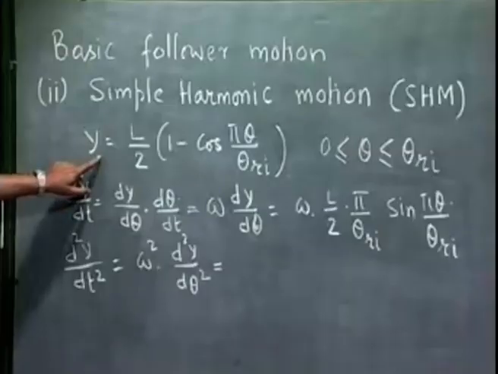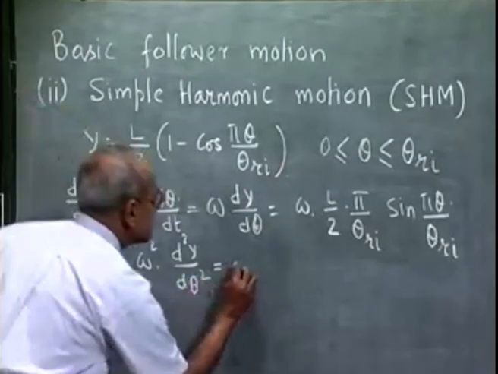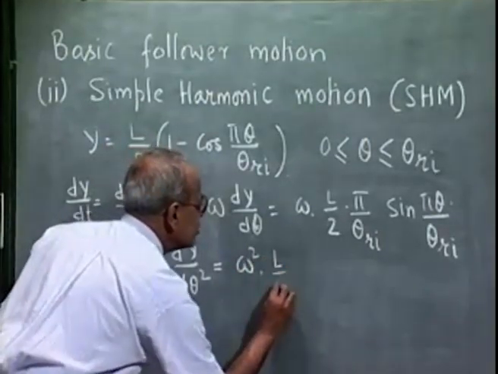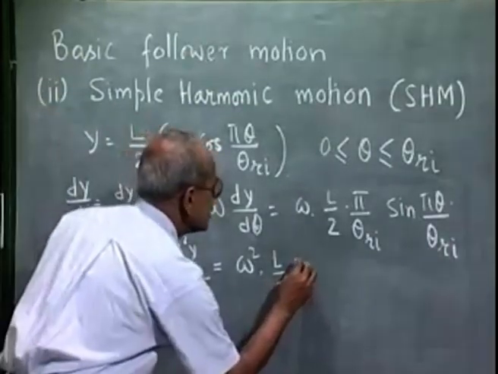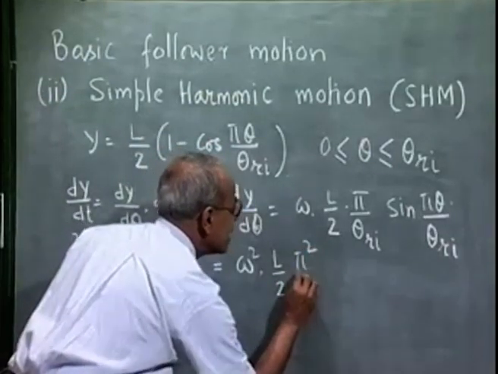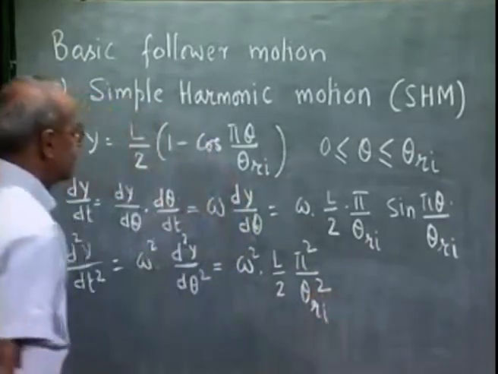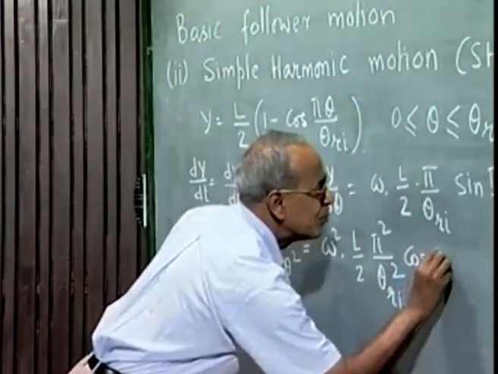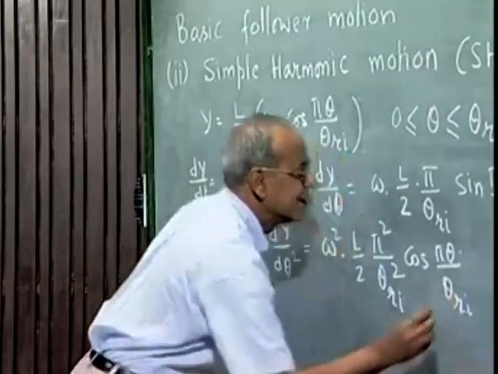Now if this is the expression for y, we differentiate it twice, what we get is L by 2 into pi squared by theta Ri squared into cosine pi theta by theta Ri.